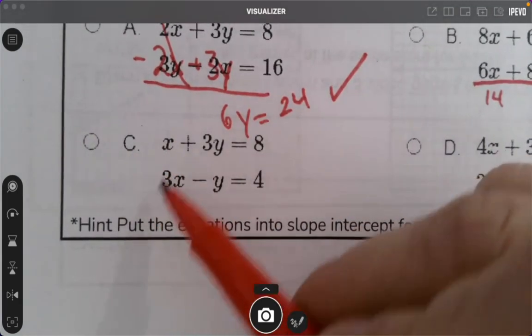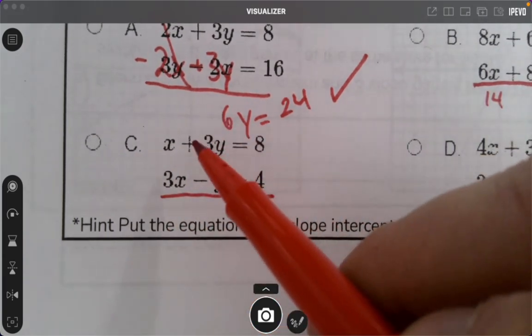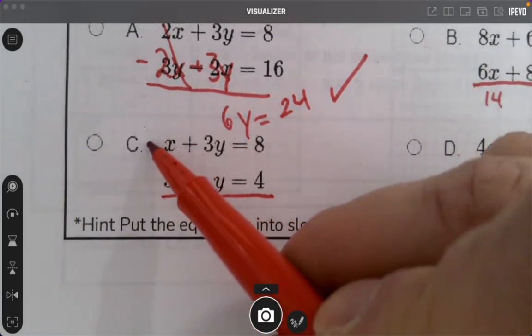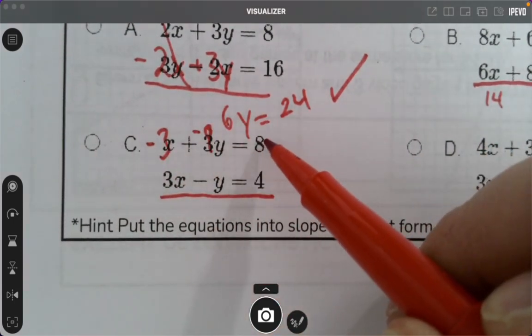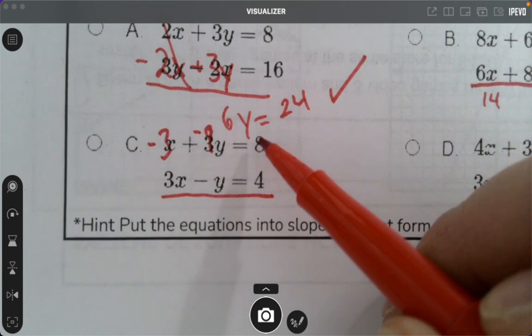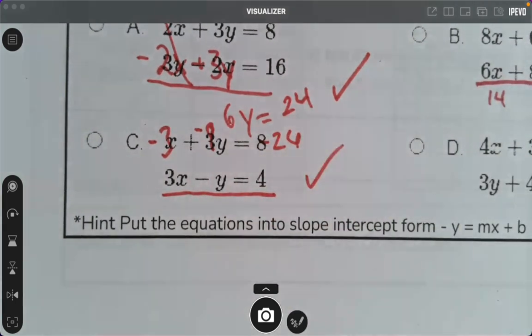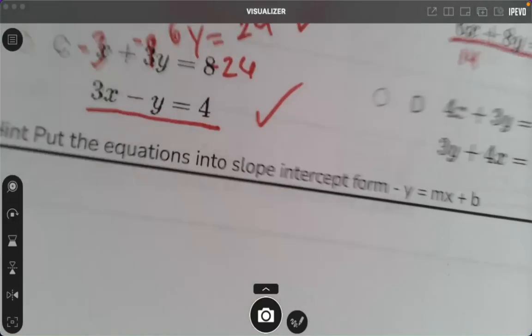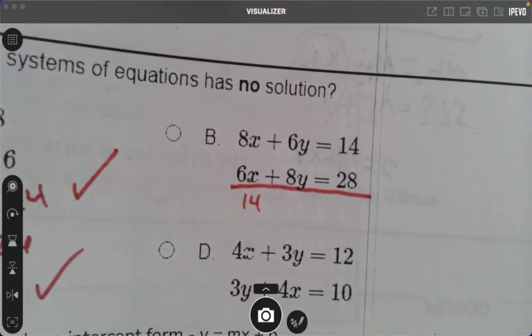I can already tell, even if I did make elimination happen, I multiplied these all by negative 3. This would become negative 9. This would become negative 24. If I add them up, I'm still going to have a solution. Over here, geez, we haven't even seen one like this. I'll just say leave B alone. That's probably the hardest to figure out.